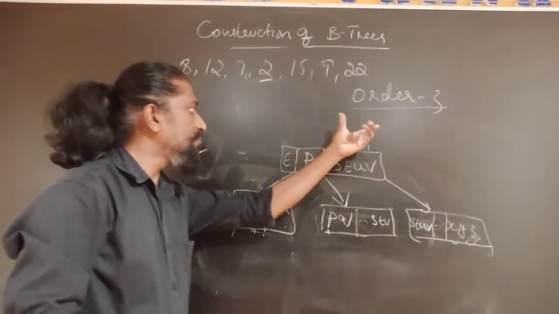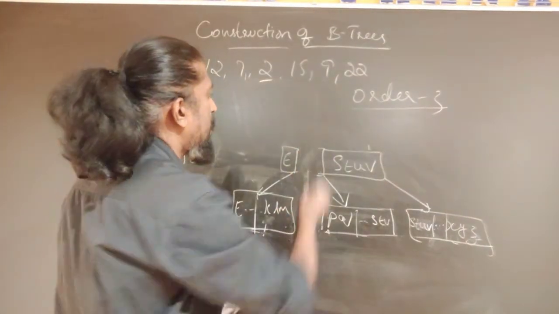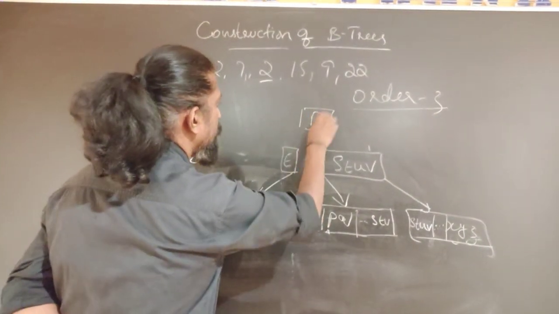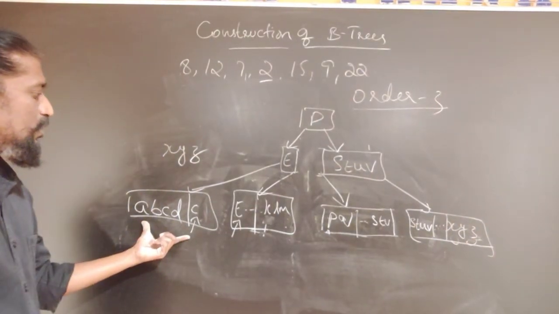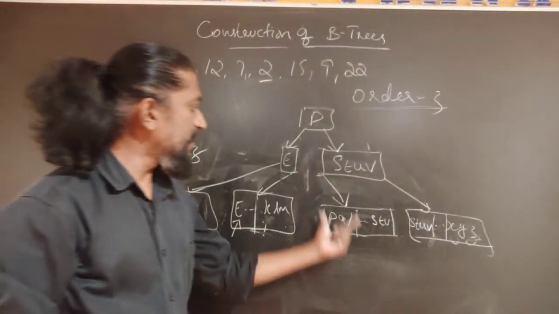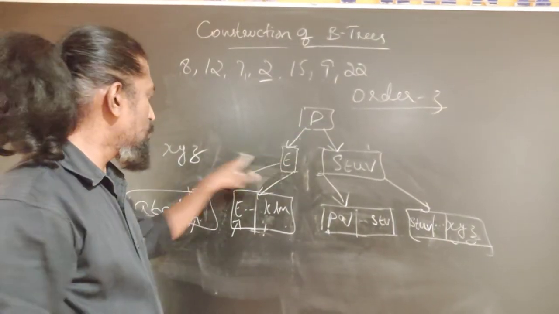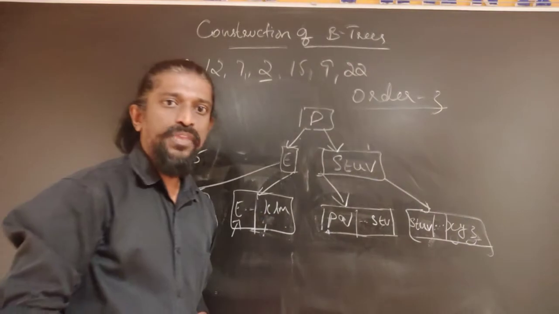If we assume that this node also splits for the sake of understanding, then P will become the root. To the left of P we will have E, and this will be to the left of E, and this will be to the right of E. So the keys are less than or equal to E, greater than or equal to E, and here less than or equal to STUV, greater than or equal to STUV, and this subtree will have all the keys less than or equal to P, and this subtree will have keys greater than or equal to P.